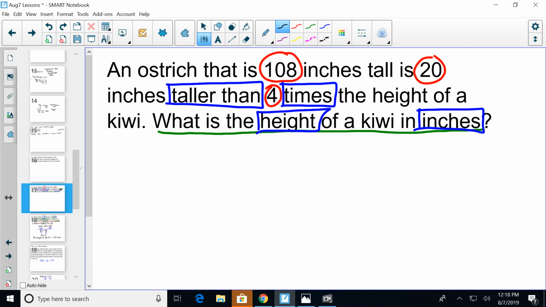All right, so we are trying to find the height of the kiwi. So the height of the kiwi is our what? It's our unknown, right? We don't know it.